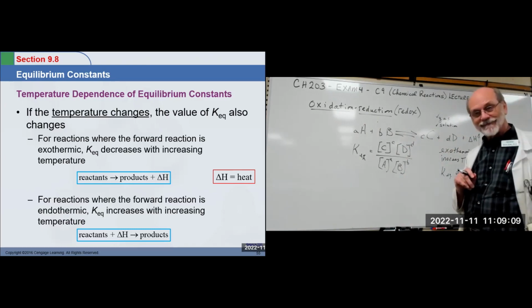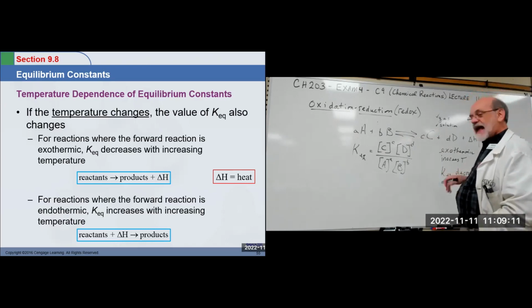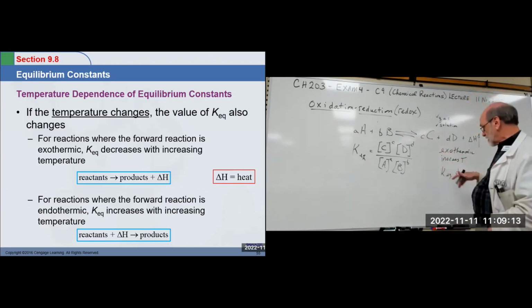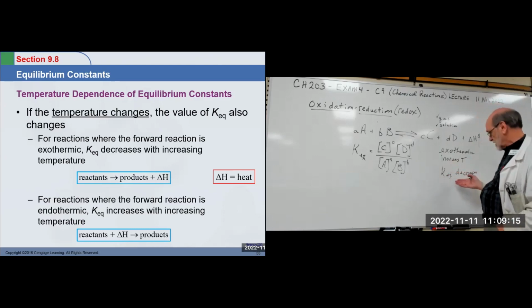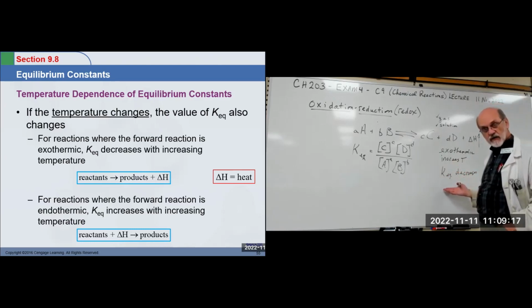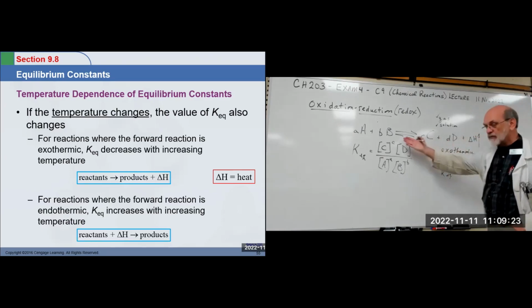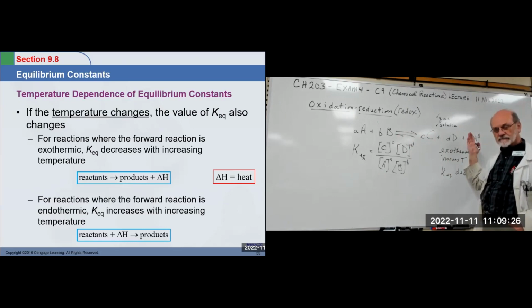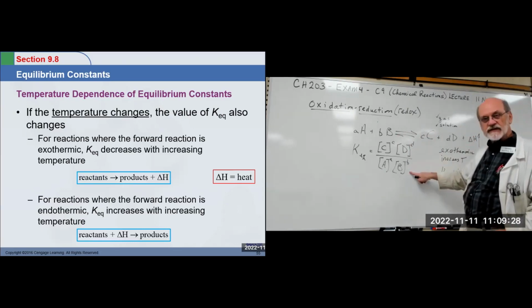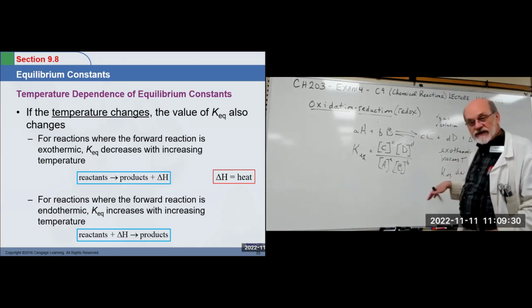Okay? And if you decrease the temperature, then you get the opposite effect. You will increase the K EQ. If you decrease the temperature, you're reducing this term, which pulls the reaction this way. Increase that, decrease this, increases the K.